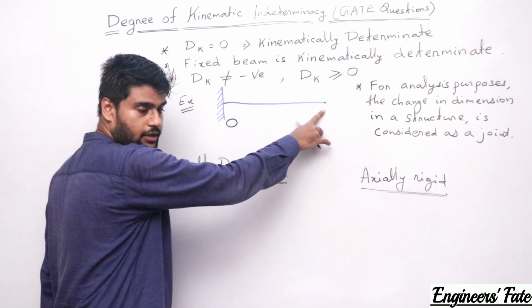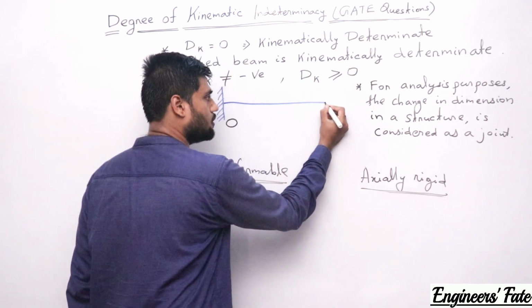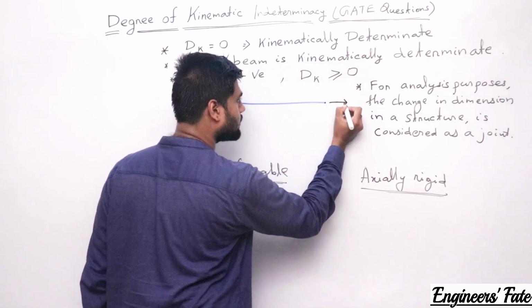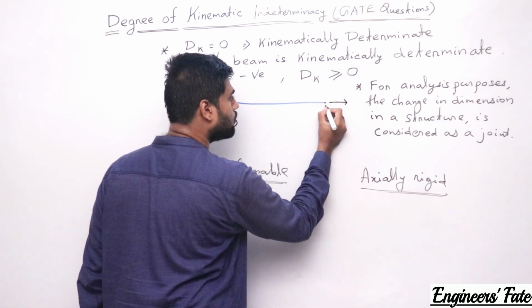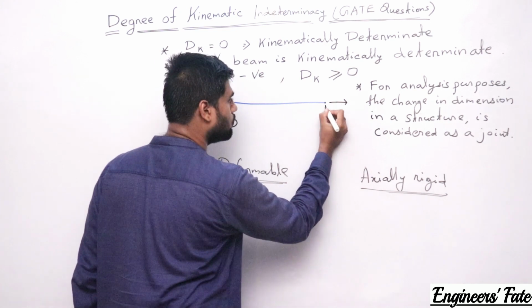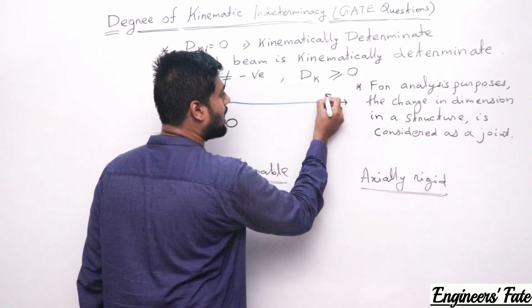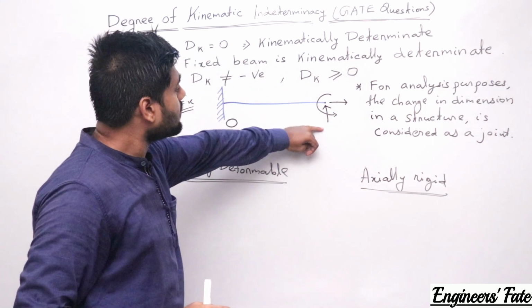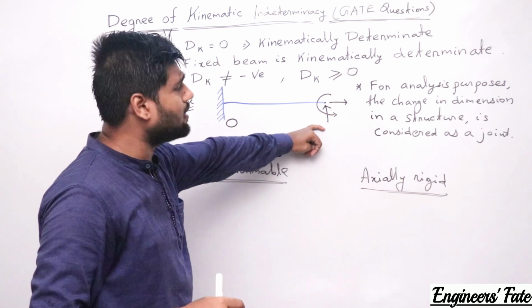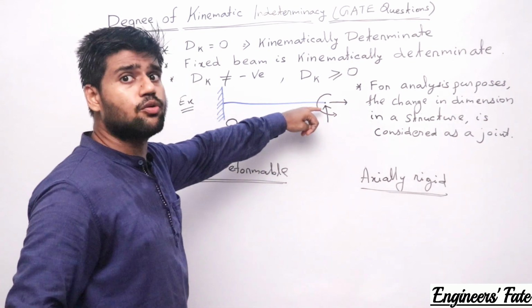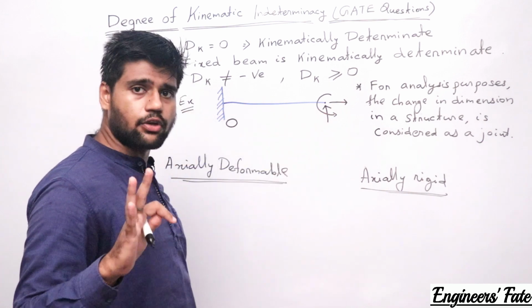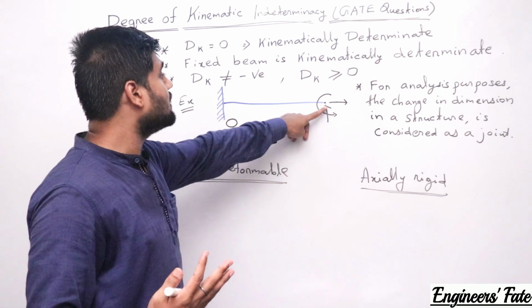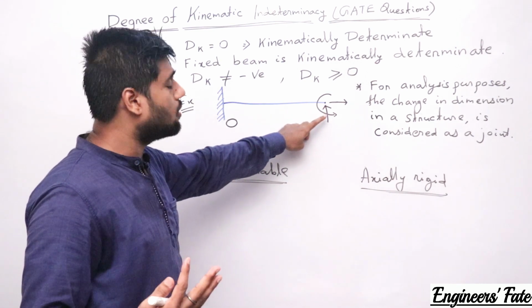Now let's come to this case. Consider this as a joint. It is free to move in the vertical direction, free to move in the horizontal direction, and a rotation is also possible. So how many possible joint displacements, meaning this joint is free to move in how many ways? 3 ways.